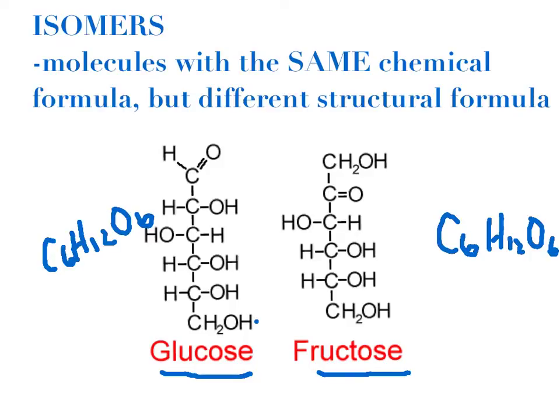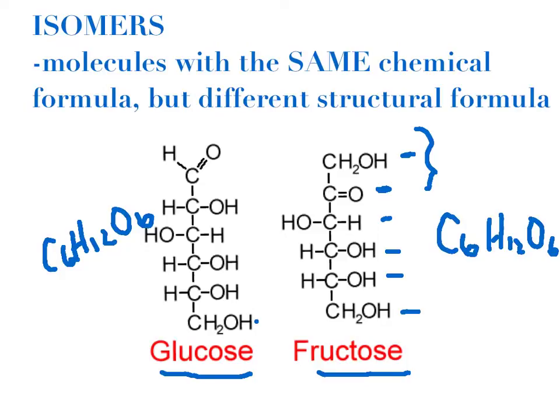But if you look at their structures, it's a little bit different. It looks a little different up here. It's different here. It's the same on this carbon, same on this carbon, same on this carbon, and same on this carbon. But this end of the molecule looks different. So it has a different structural formula. Glucose and fructose are referred to as isomers.